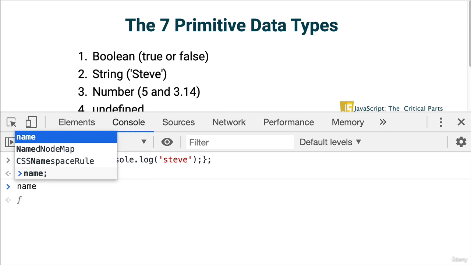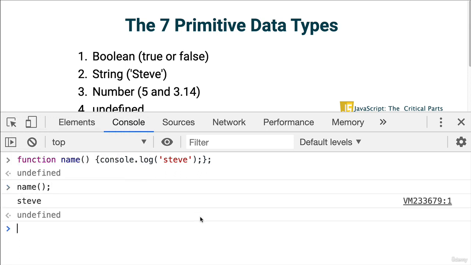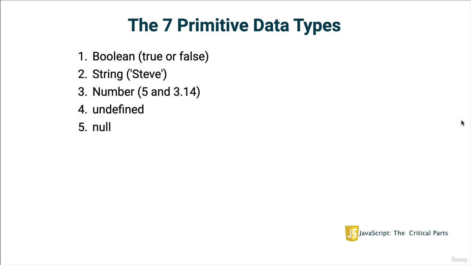Now if I call name, we log to the console Steve, but also notice the undefined that shows up because it's not returning a value. So important difference between null and undefined. You assign null, let the system assign undefined.